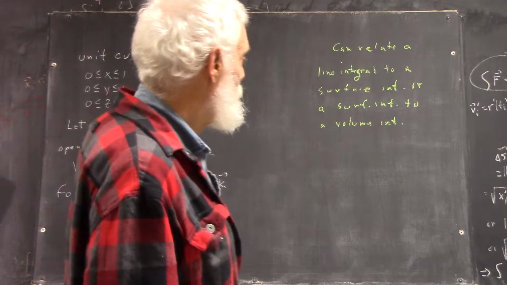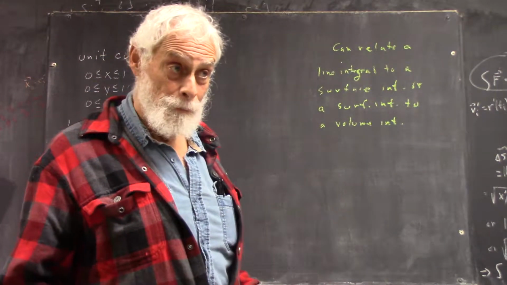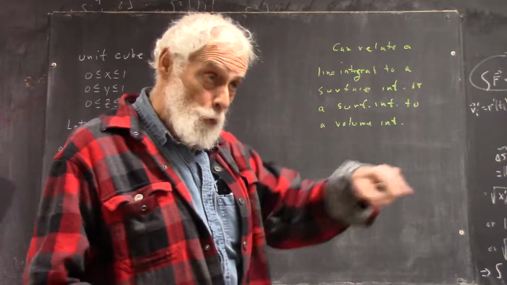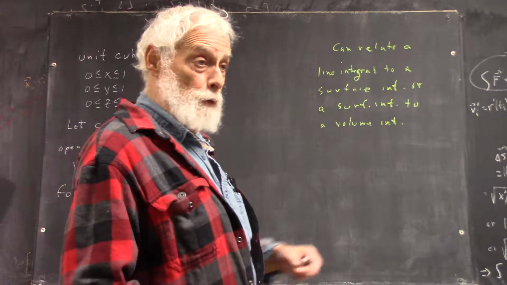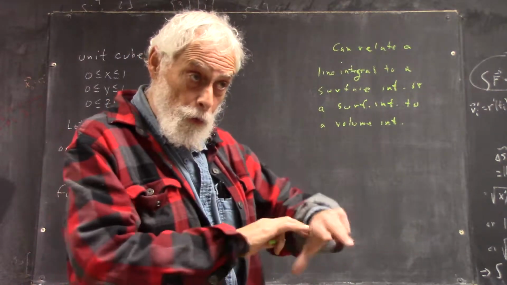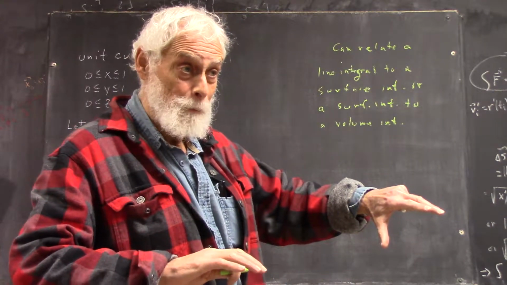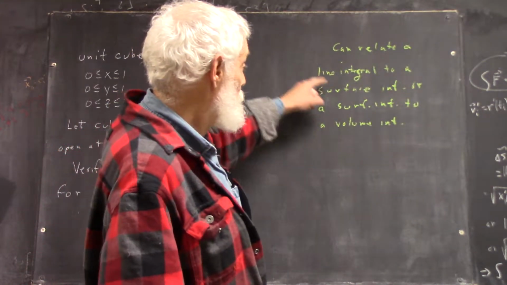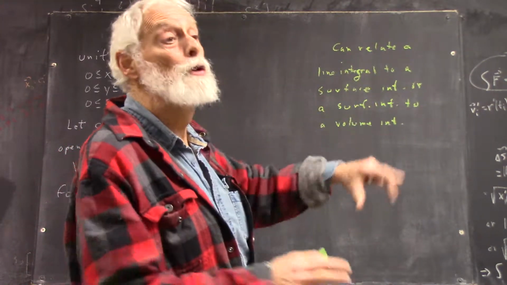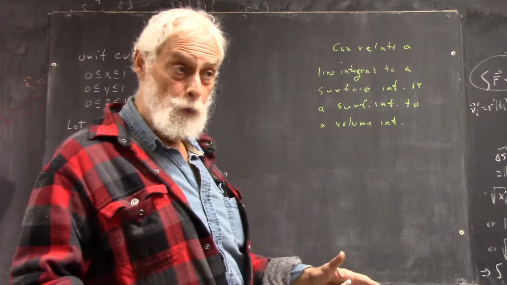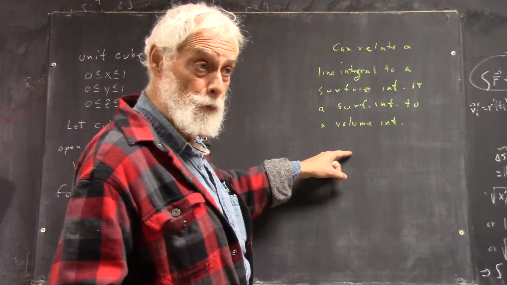And we know, for example, from Green's theorem, that in 2 dimensions, we can relate the line integral to an integral over the area, over the region, right? So that's a line integral to a surface integral. We go 1-dimensional to 2-dimensional, or we can relate a 2-dimensional to a 3-dimensional.